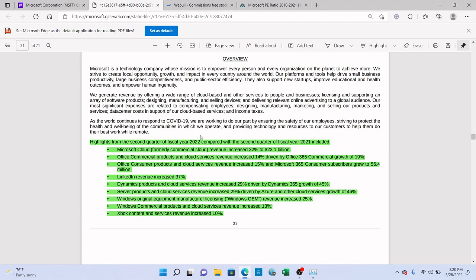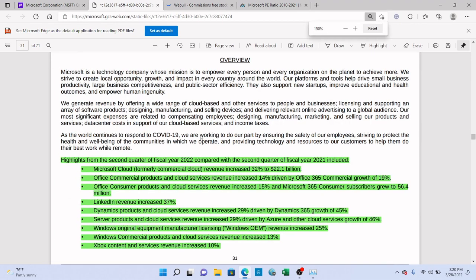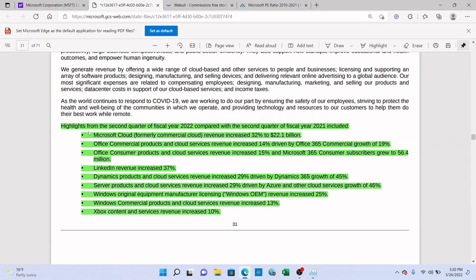we can see, let me just zoom in a little bit. Probably should have done this earlier. We could see that they talk about their highlights for the second quarter of fiscal year 2022 in comparison to the second quarter of fiscal year 2021. Just a few moments ago, I talked about the different segments.